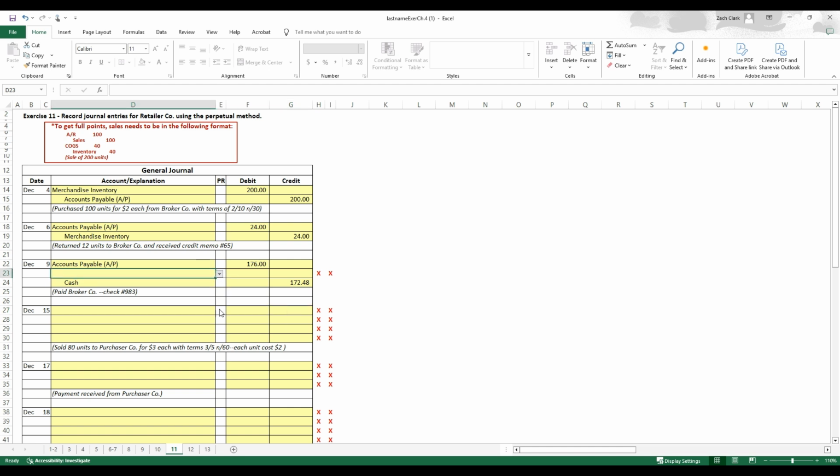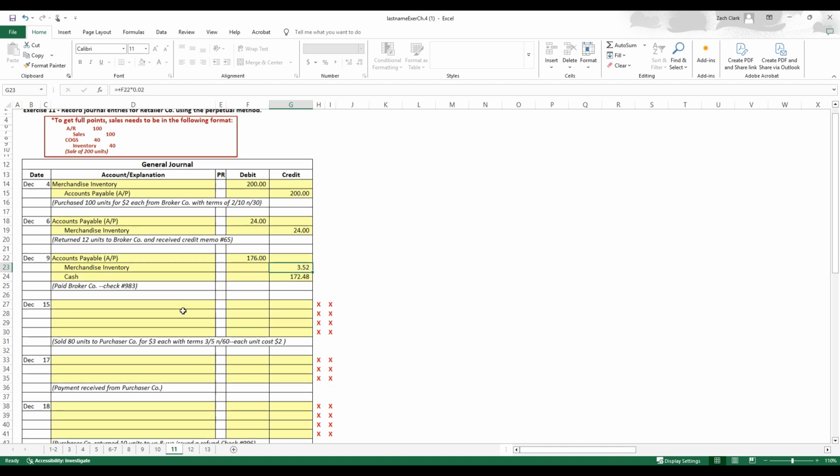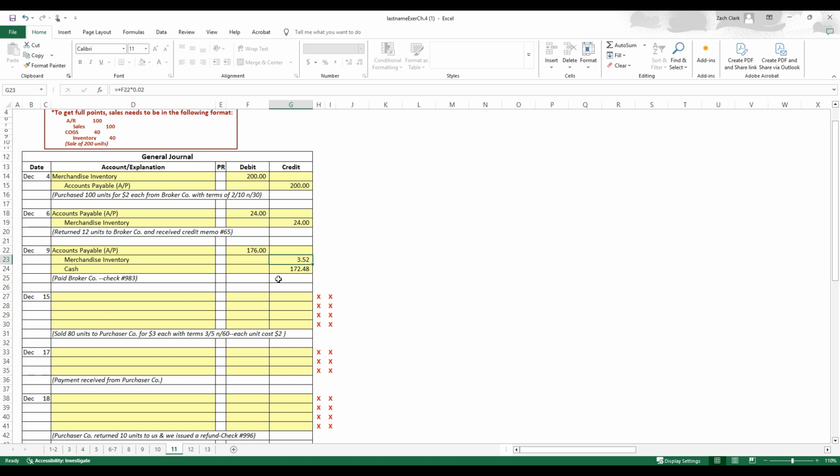And then we need something to balance the debits and credits, and that something is a reduction in the inventory value, because we're taking the discount and paying less. So the merchandise inventory that we keep on the books is only the amount of cash that we paid for it, which is $172.48, right?